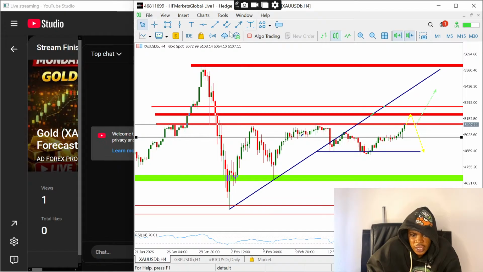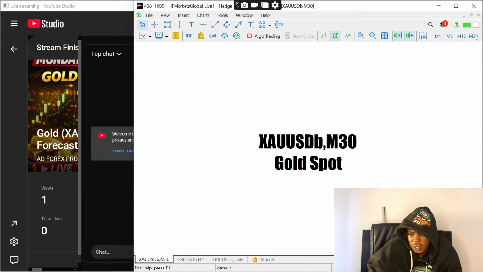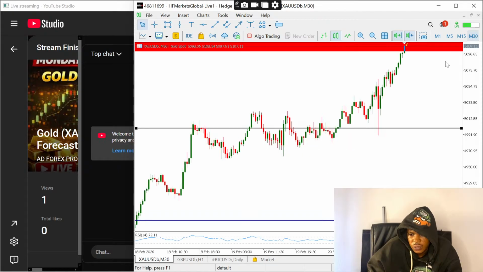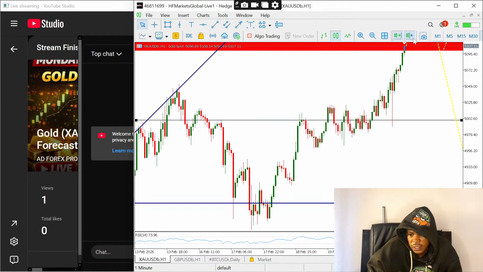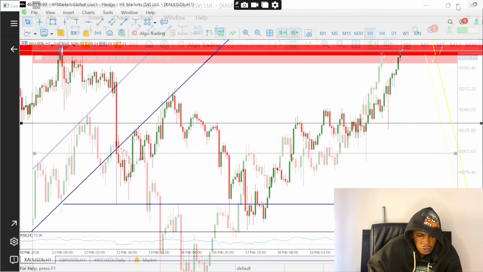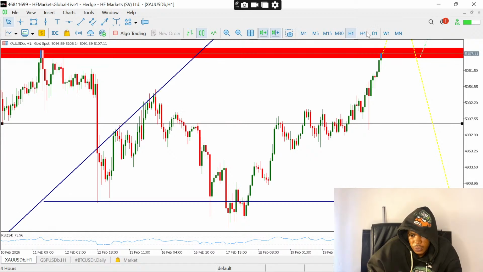So as you can see right here, gold in the higher time frame like the 4 hour and daily time frame, you see that gold has been in an all-time high. Like from day one, gold has been in an all-time high. Sorry guys, let me go on to the 4 hour time frame.